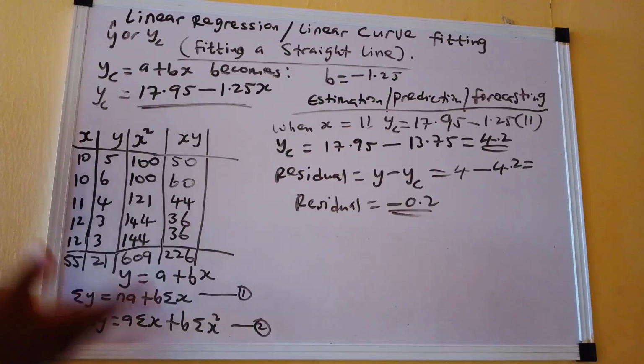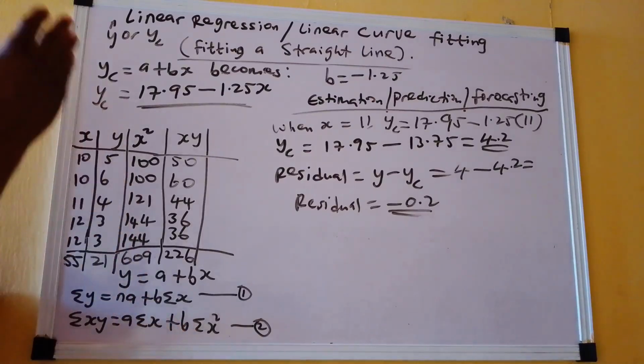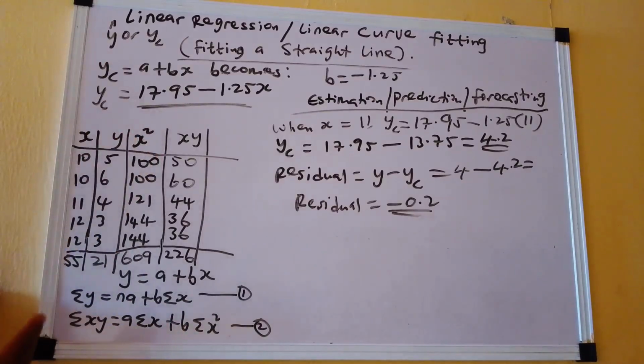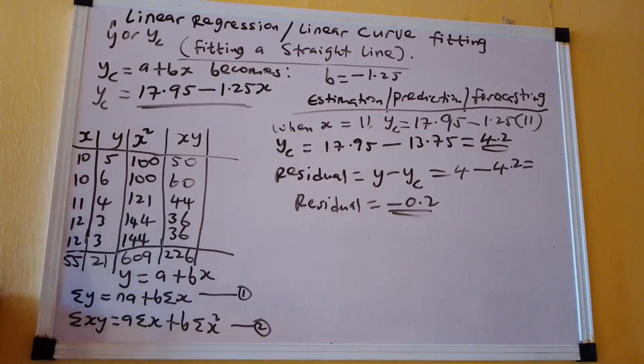Our two variables here are income and expenditure. The x is the income, while the y is the expenditure. The expenditure is depending on the income.